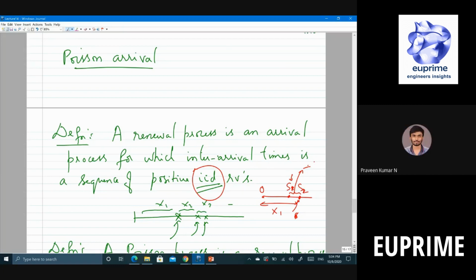But in which cases will the inter-arrival times be dependent? Very much so. For example, in usual traffic, inter-arrival time is highly correlated.